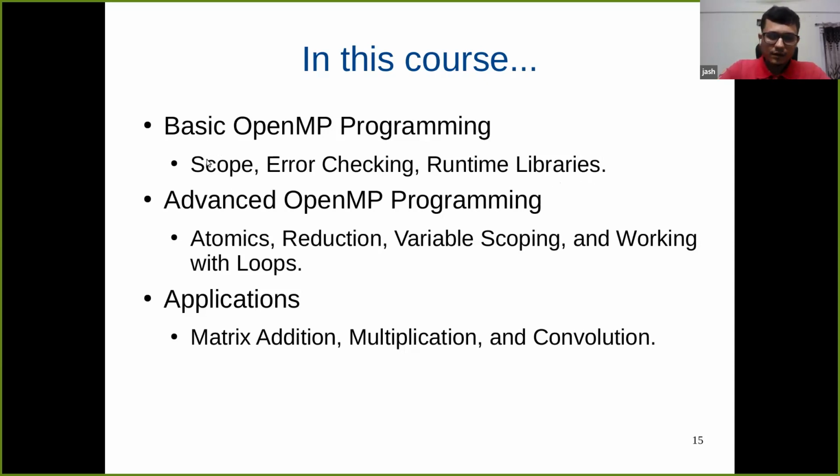Then we'll see advanced OpenMP programming, which is about atomics, reductions, variable scoping, and how to work with loops and so on. That is the second part. And third is the applications, where whatever we have learned in the first and second parts, we will apply on a few applications like matrix addition, multiplication, and convolution.